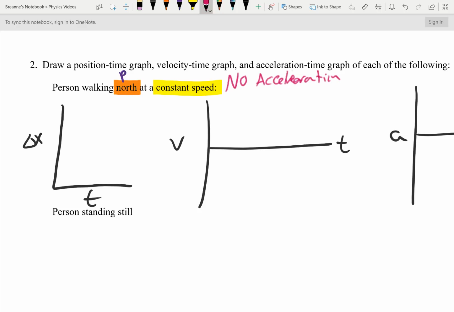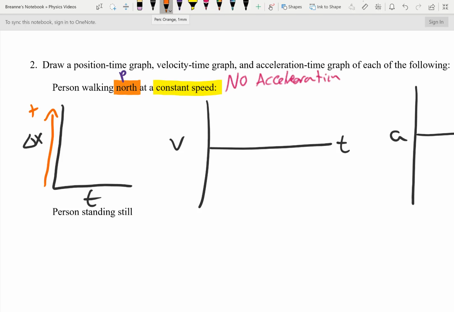No acceleration. So positive means our numbers have to be increasing. So if we're going up the graph on a displacement time graph, that's a positive direction. So we need to go up the graph at a constant speed.